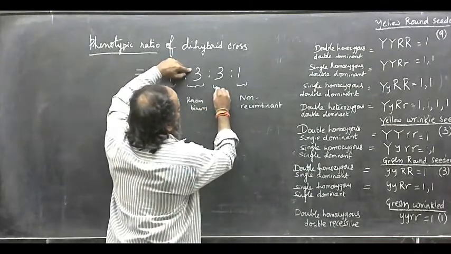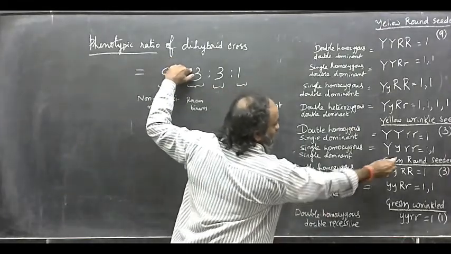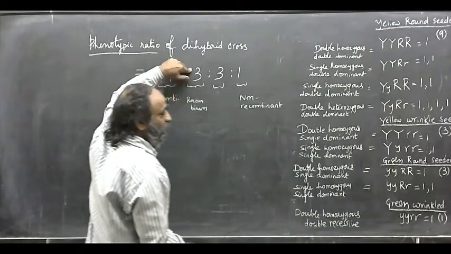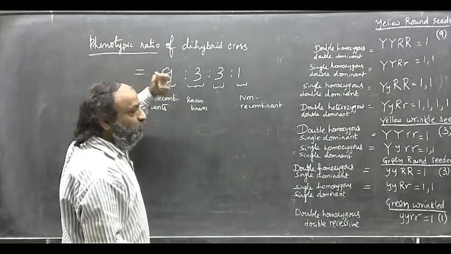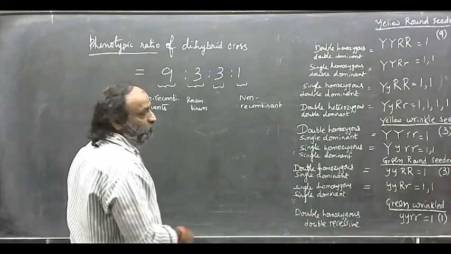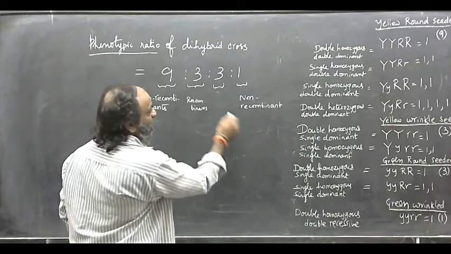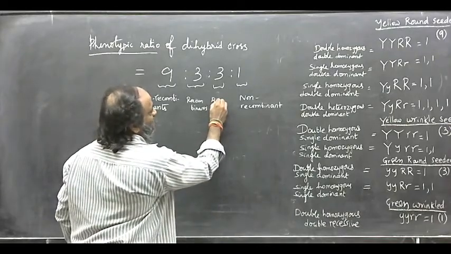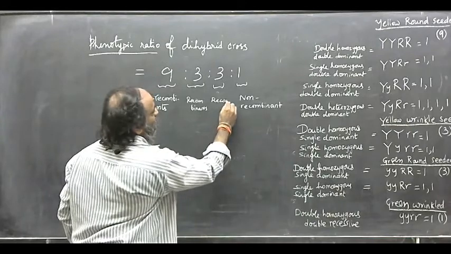And similarly, green round seeded condition is not seen in one parental plant. Therefore, green round seeded condition is also a recombinant condition. So these are also recombinants.